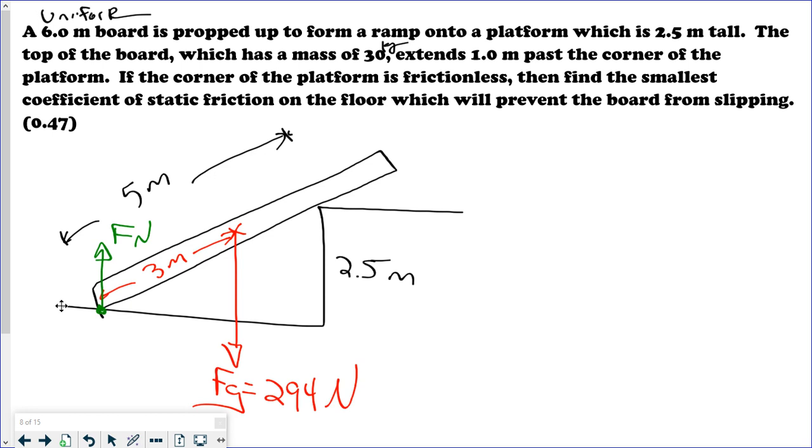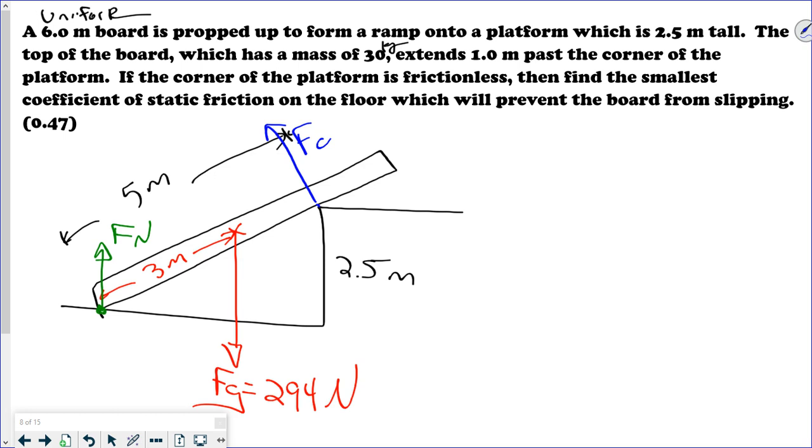The corner's also doing something. Now, this is not at all obvious, but I am telling you now, when you've got a corner contact point like this, the normal force is perpendicular to the surface, okay? So there's your normal force, but I can't call it normal force because I've already called this green one normal force. So I'm going to call that FC, as in force of corner, okay?